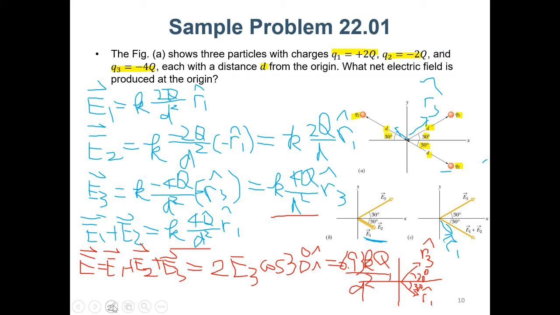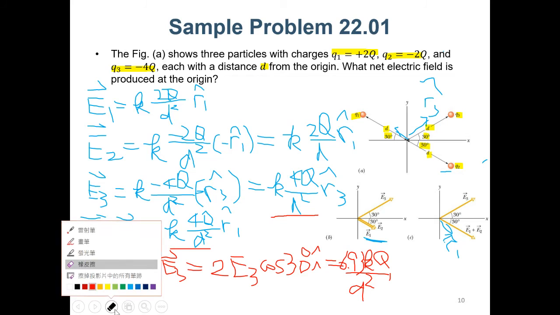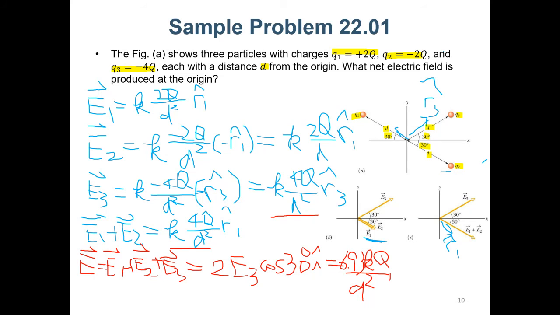Maybe I just erase that one. 6.93 kq over d square in the x direction. So this is the answer.